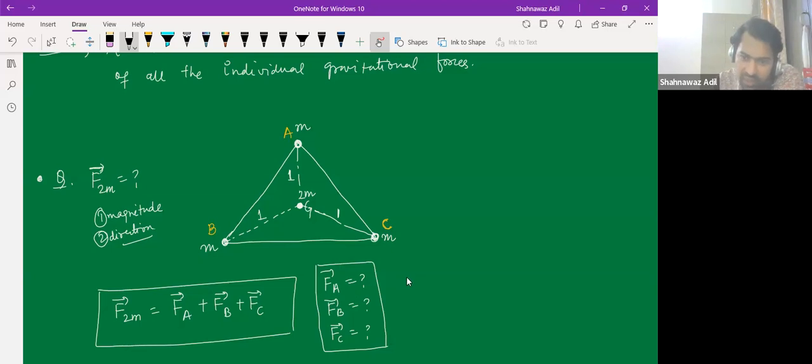So let us calculate only the magnitude part. The magnitude is G M times 2m divided by 1 square, so this is 2G m square. Is this clear, guys? Yes, sir. Similarly, FB magnitude would be the same.